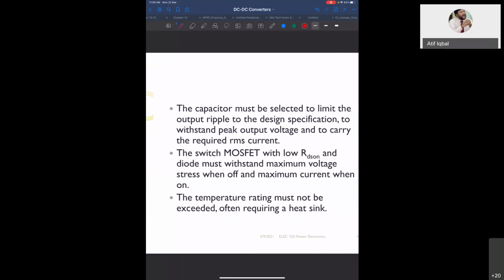The switch MOSFET with low on value of the drain to source and the diode must withstand maximum voltage stress when off and maximum current when on. So the temperature rating must not be exceeded, often requiring a heat sink. So if you want to keep the temperature down, you have to have good heat sink design.